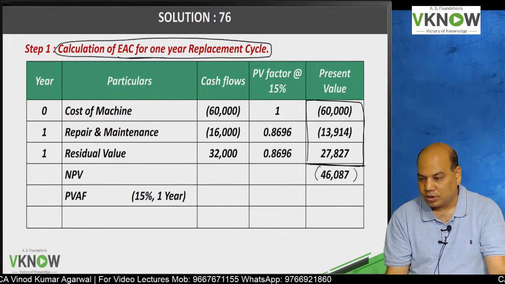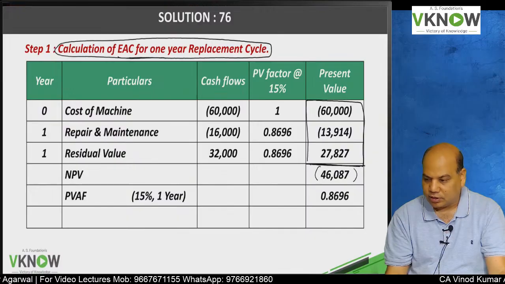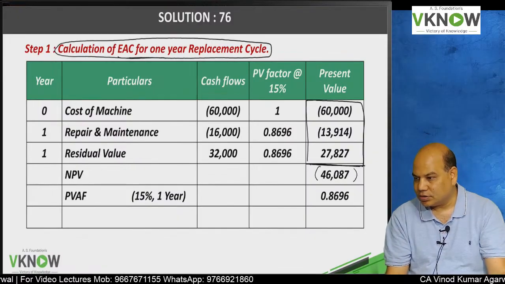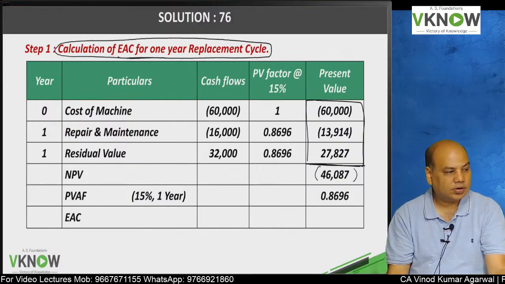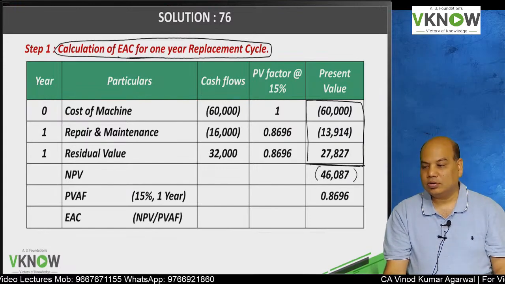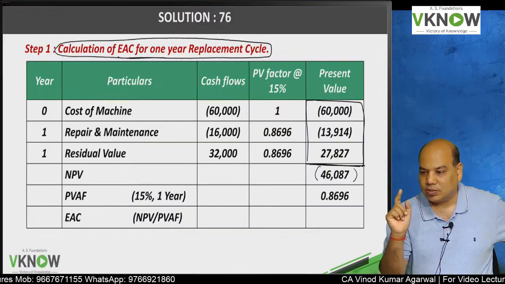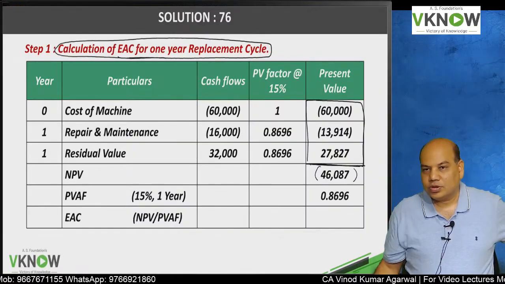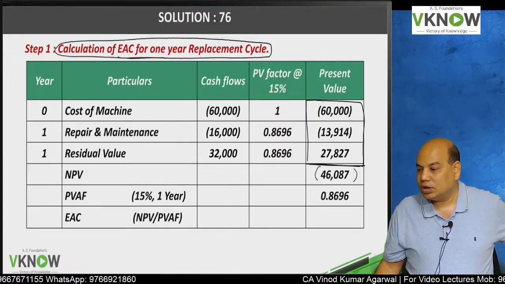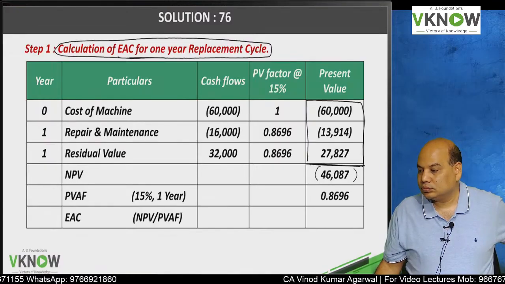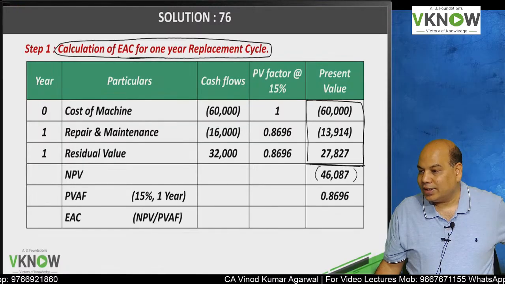Then write down the next point, PV annuity factor at 15%, 1 year, same factor, 0.8696. So now you please reply. What will be EAC? You reply, then only I'll move ahead. 46,087 divided by 0.8696.